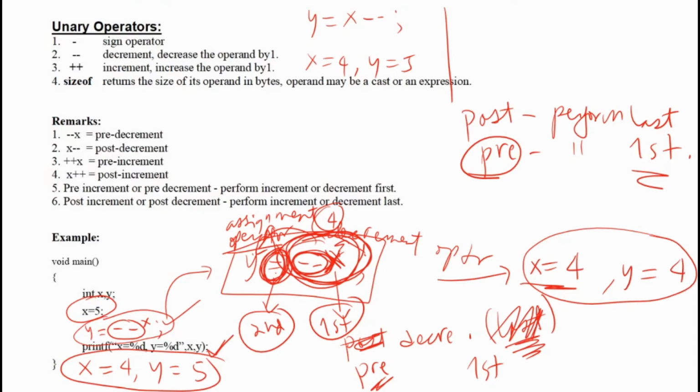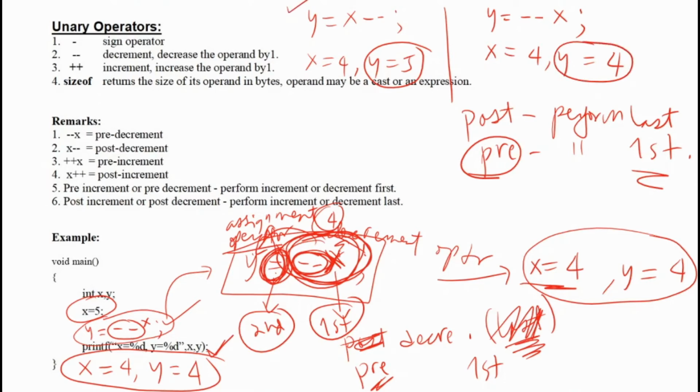So the output here would be x is 4 and y is 4. So when we use the pre-decrement in the statement y gets pre-decrement x, the output is x is 4 and y is 4. Now why is it that y here is 5 and why is it that y here is 4?